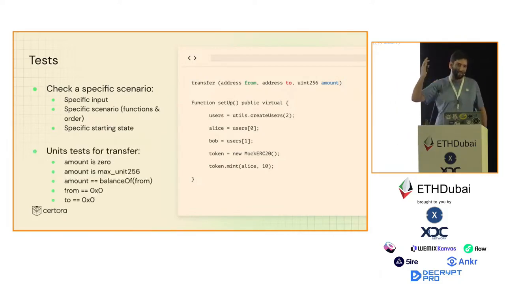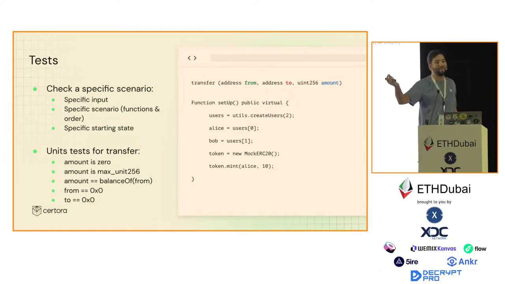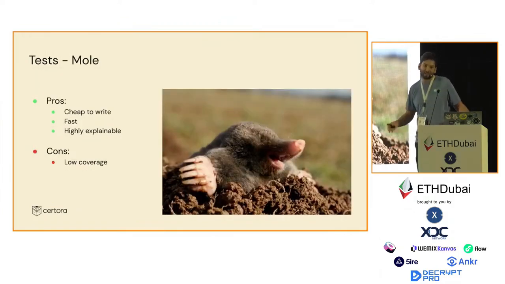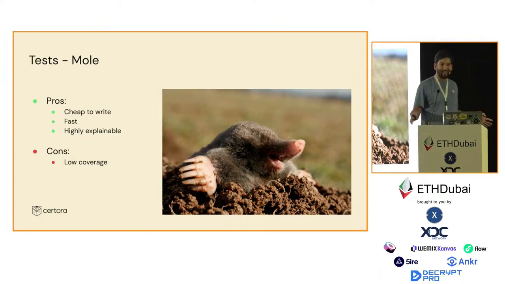Examples for unit tests that you're probably pretty familiar with: we'll probably try to transfer 0 tokens, transfer the max uint256 amount of tokens, transfer the entire balance of Alice to Bob, try to transfer to the 0 address, and so on. And if tests were an animal, they would be a mole, because a mole is blind. A test checks only the specific thing it was set up to do.